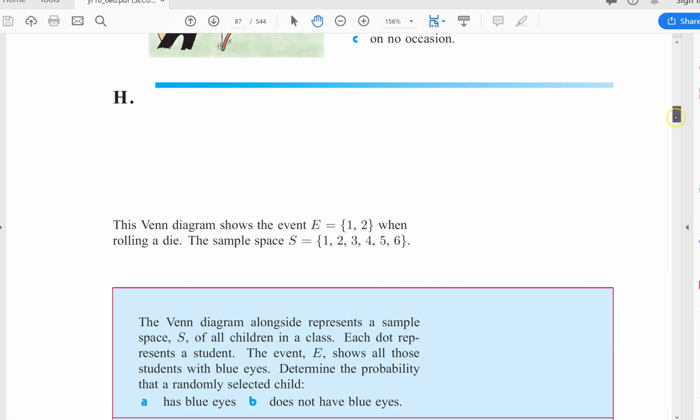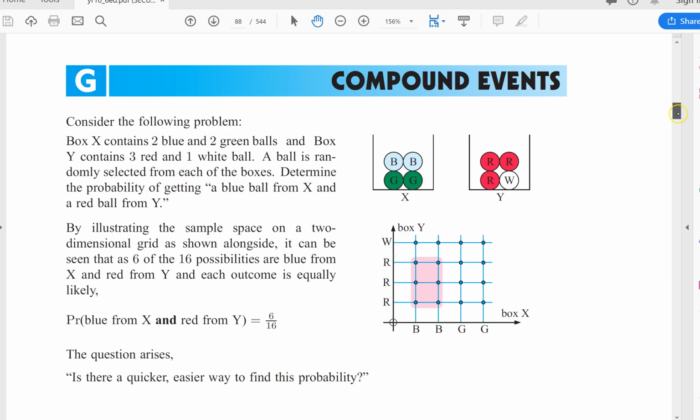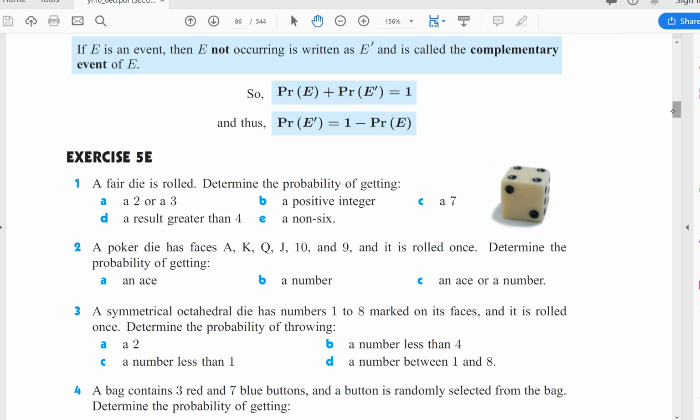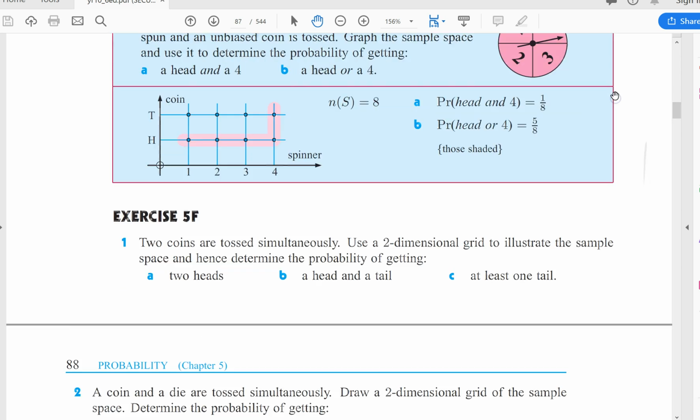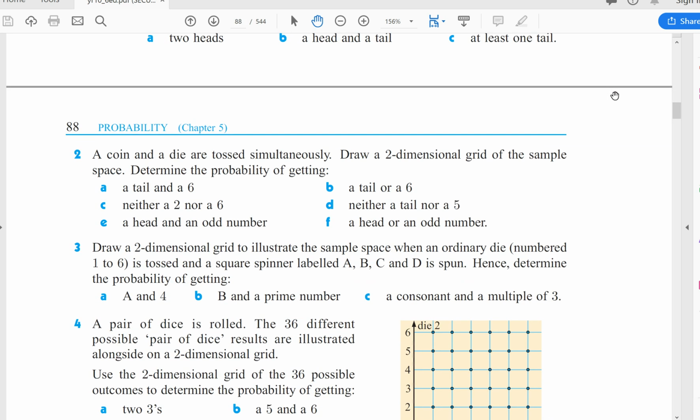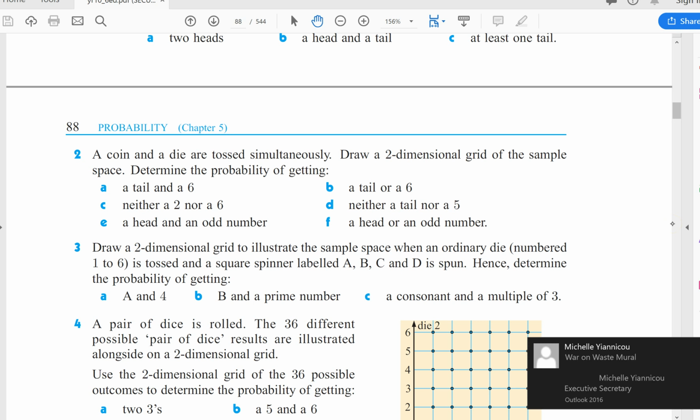Now when you go back, you can draw, for this one, a coin and a dice are tossed simultaneously. So you've got the coin, you've got up this way a head and a tail, and then along the horizontal 1, 2, 3, 4, 5, 6.